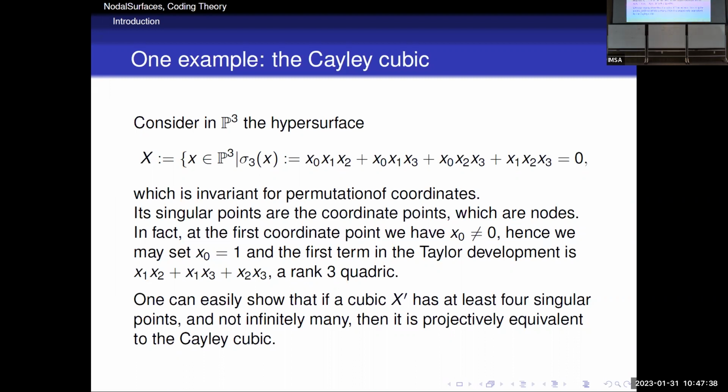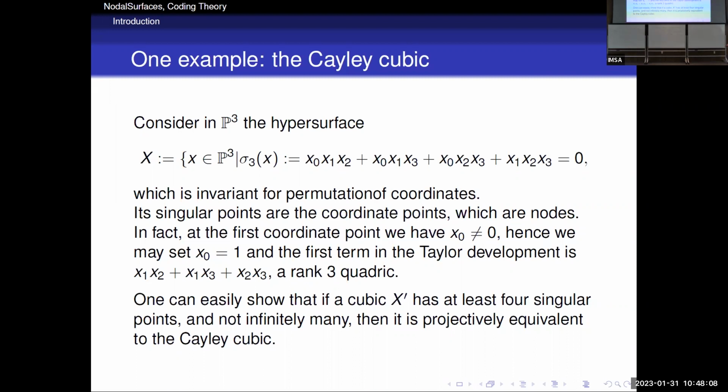In fact, in the first coordinate point, we have x0 different from 0, so we find coordinates setting x0 equal 1, and then the first terms have order 2, and they are x1x2 plus x1x3 plus x2x3, and this is a rank three quadratic. So this is a node, and you have 4 nodes.